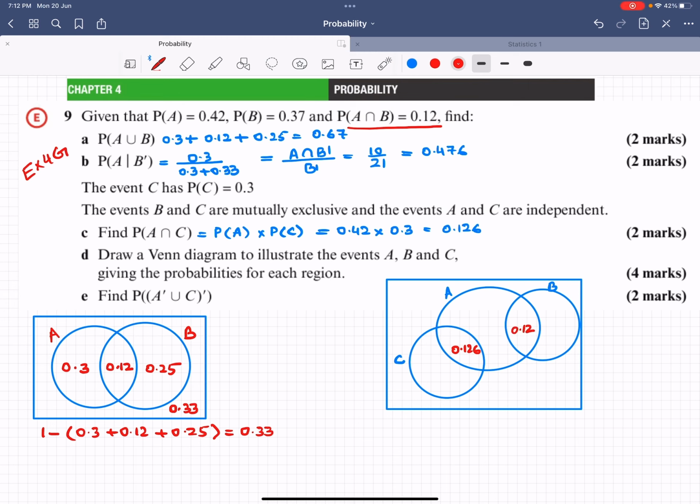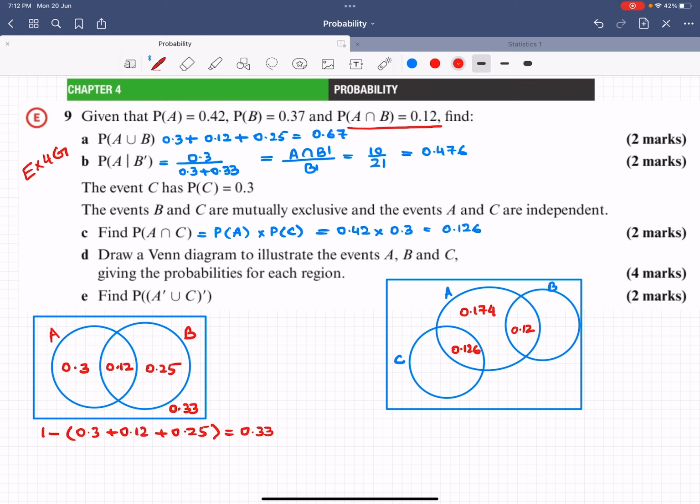We can fill up the remaining probabilities as we know the probabilities of A, B and C. So probability of A is 0.42. Therefore, to find the probability of the only A part, which is this one, we can subtract from 0.42, 0.126 and 0.12 and find the probability of only A, which is 0.174.